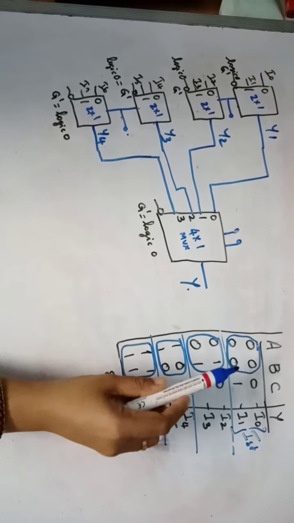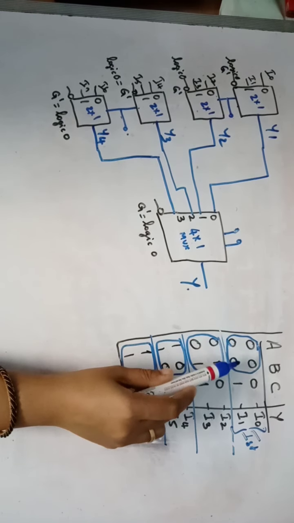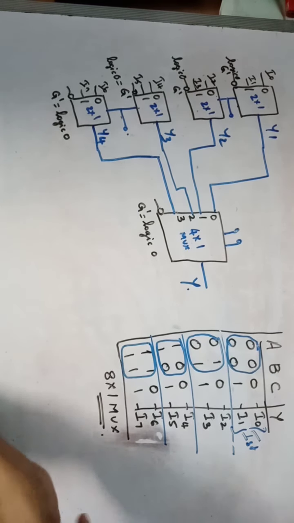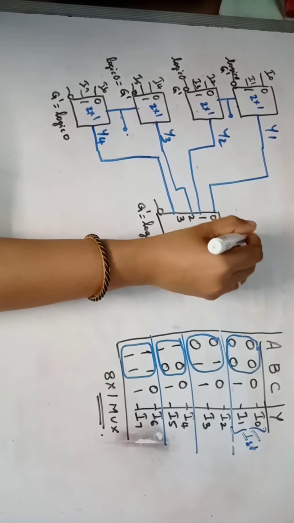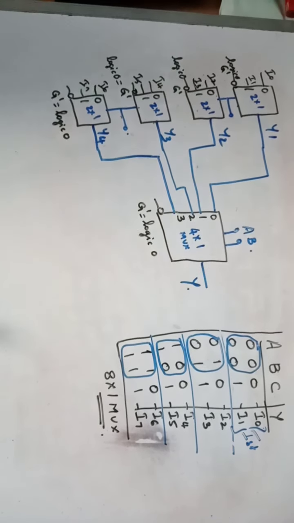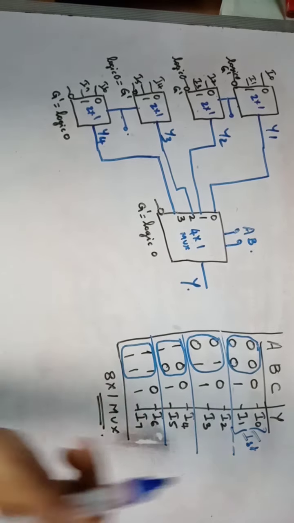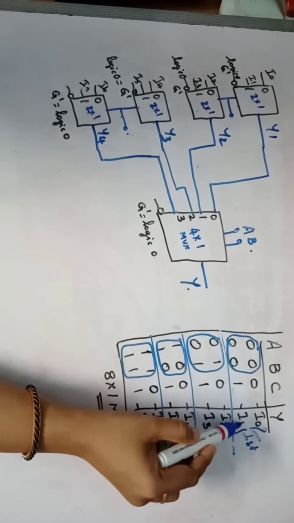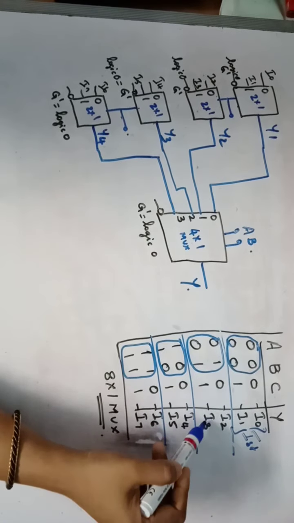So depending on the value of A and B, one of the output lines is selected. So this will be AB. Yes. Now depending on the value of C, I0 or I1, I2 or I3, that is selected.